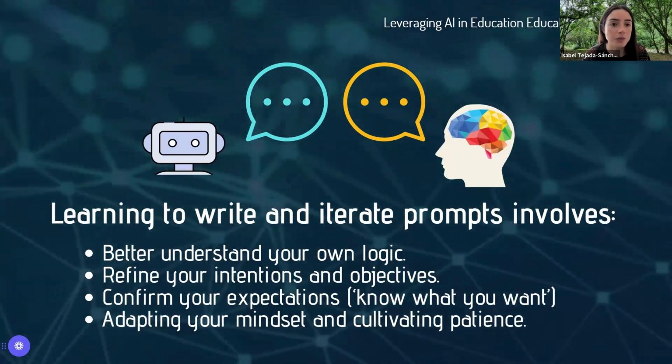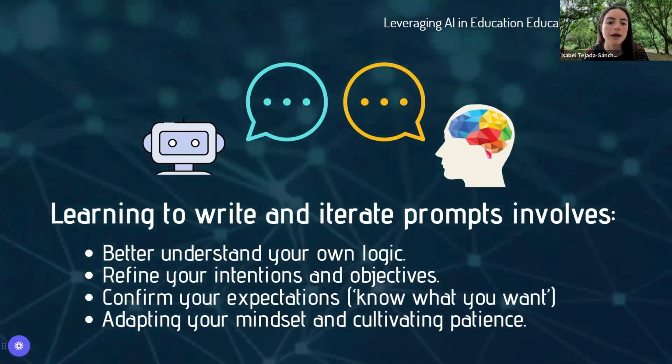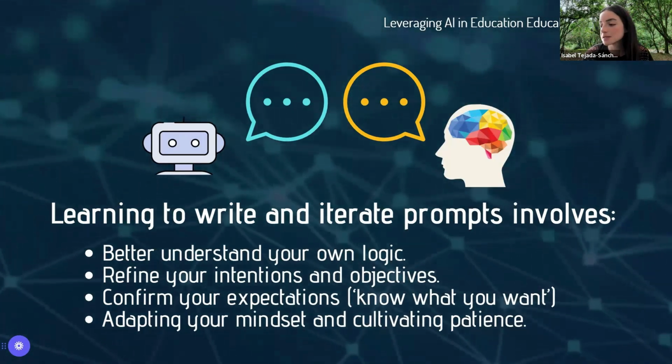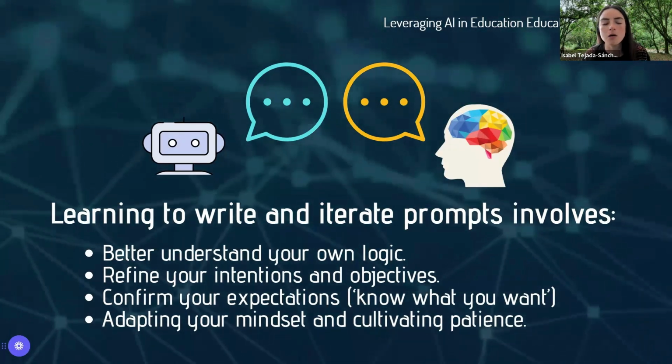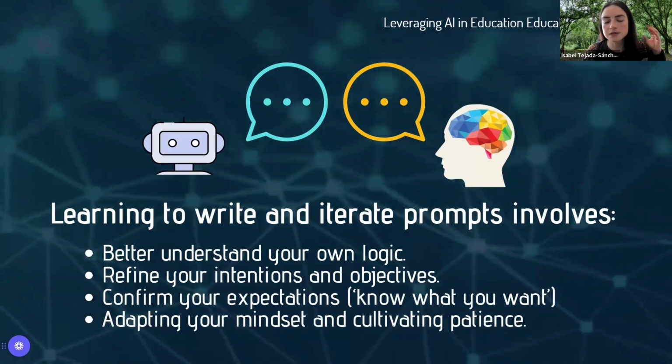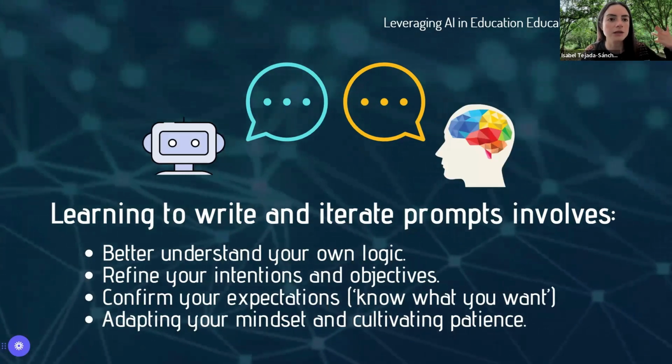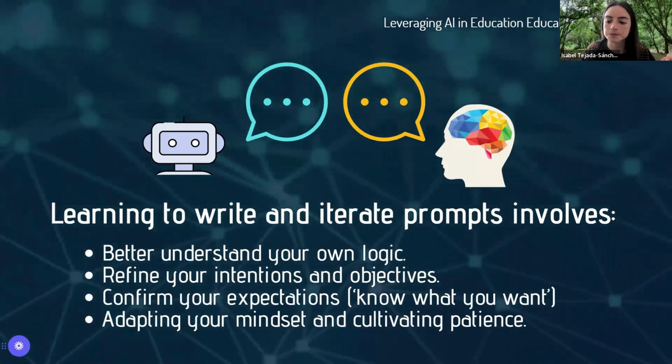If you learn how to break it down, it's going to work better. It also means adapting your mindset and cultivating patience. This does not work as a one-time thing. You need to iterate and take the time to understand how it works.